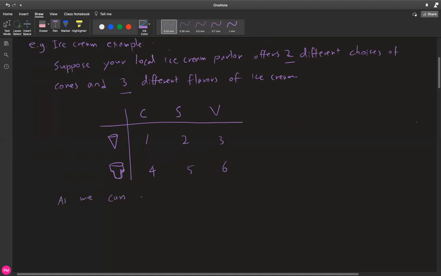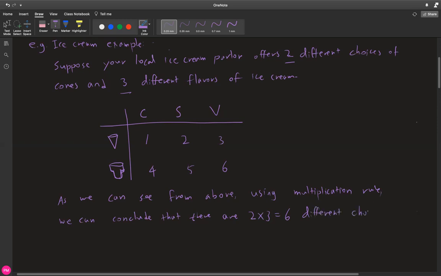As we can see from above, using the multiplication rule, we can conclude that there are 2 multiplied by 3, which is 6 different choices for a single order.